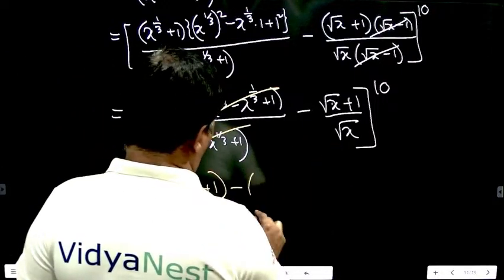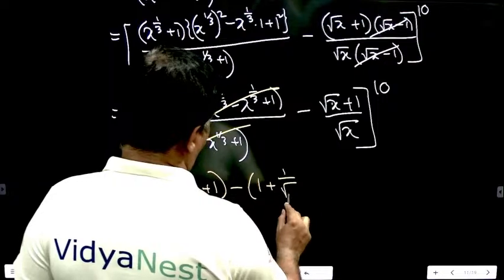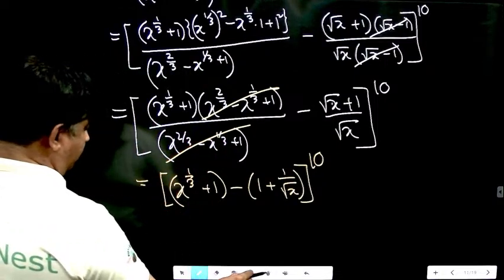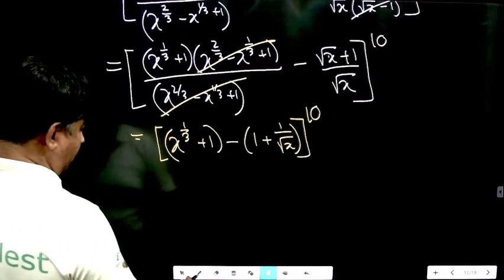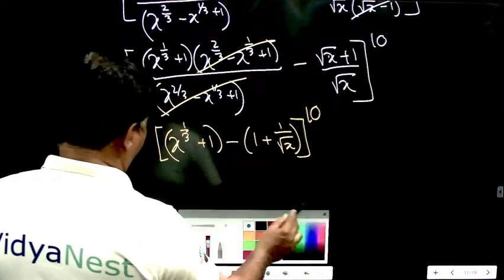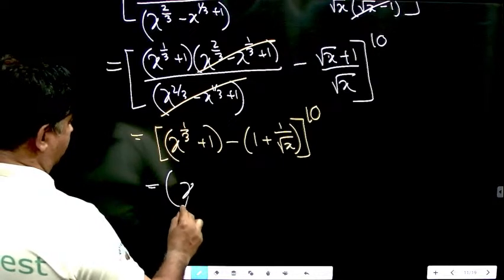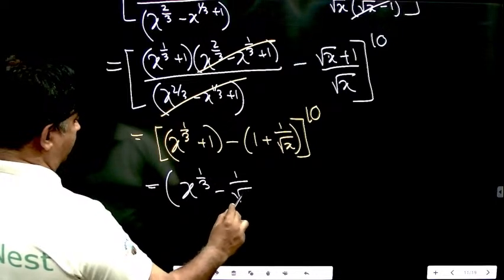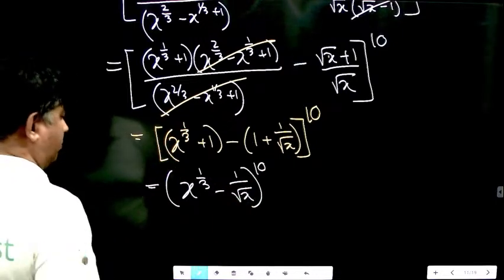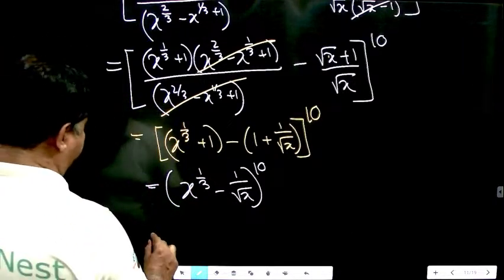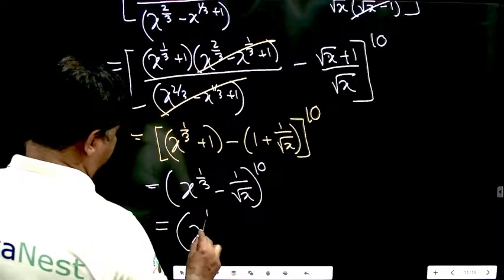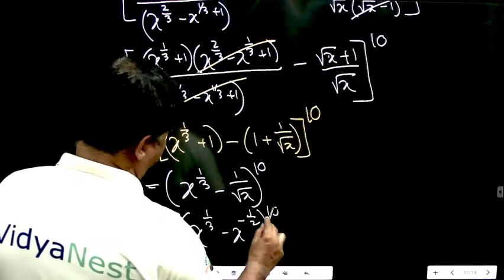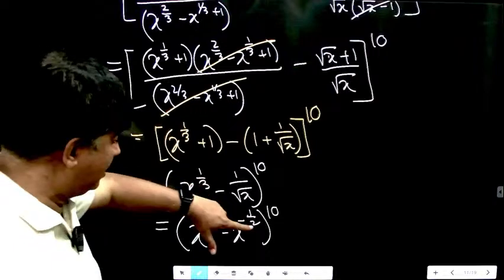Root x by root x plus 1, so the whole expansion is reduced to a simple expansion.